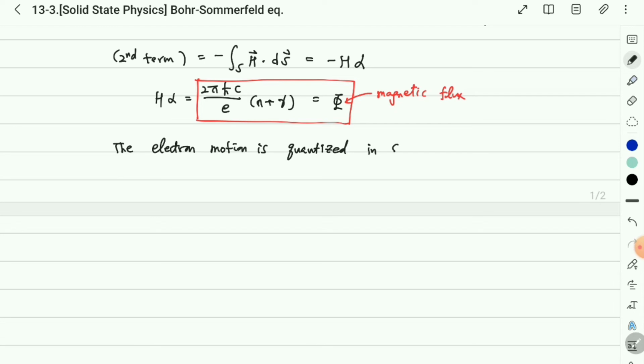In such a way that the magnetic flux psi is quantized.